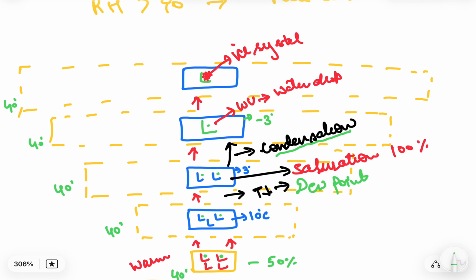This is the condensation will take place here. Water vapor will turn into the water drop and here it will form the ice crystals. So after the saturation, condensation start is known as the level of condensation.